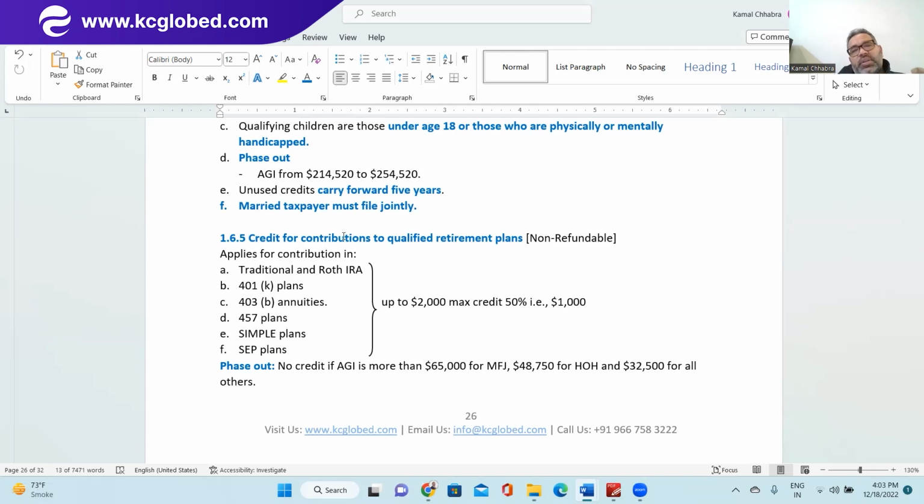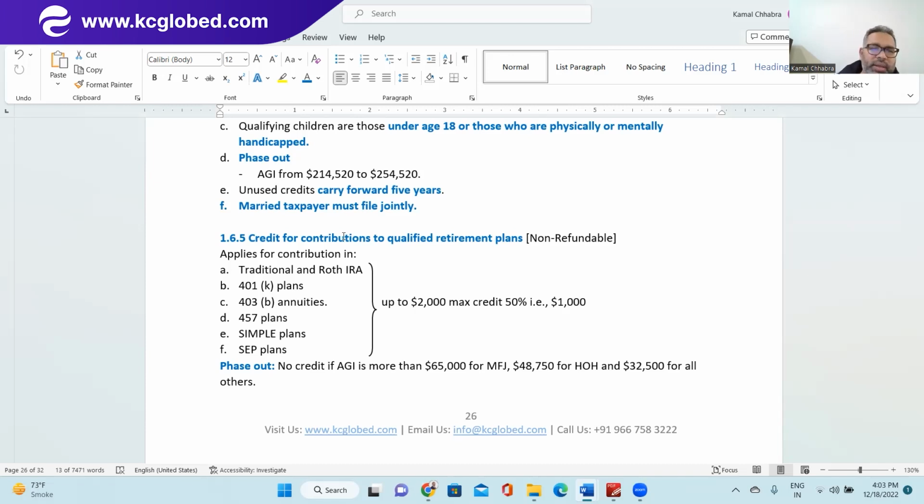So these contributions are really good for the tax planning purpose. If you are taking itemized deduction, then you cannot take tax credit for the same amount. But if you are taking standard deduction over there, then you can use them for the tax credit purpose, right? So there are two type of contribution plan majorly.